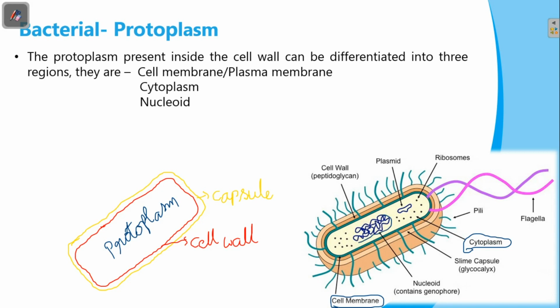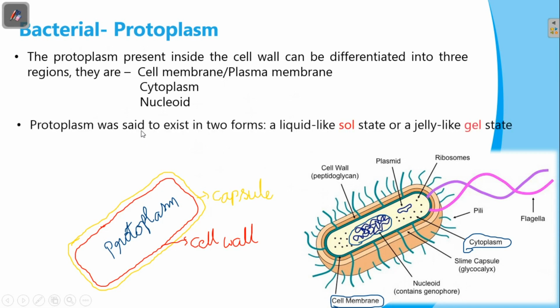It is the genetic material of a bacterial cell. It is present in the cytoplasm. These are the three important regions in the protoplasm. This protoplasm is said to exist in two forms, solution and gel-like state. So the nature of the protoplasm is sol-gel nature.